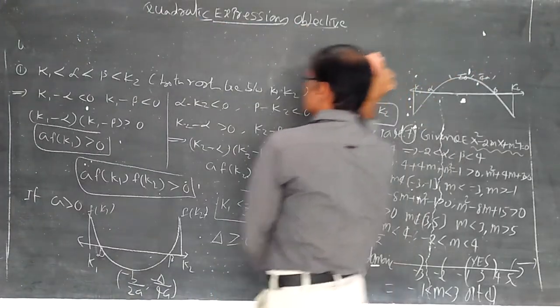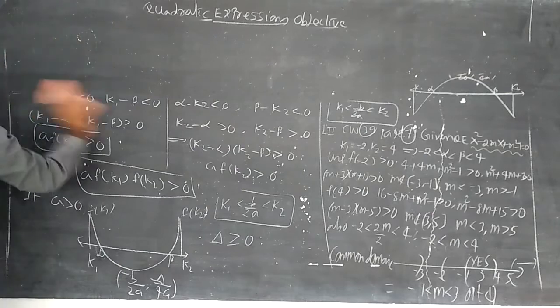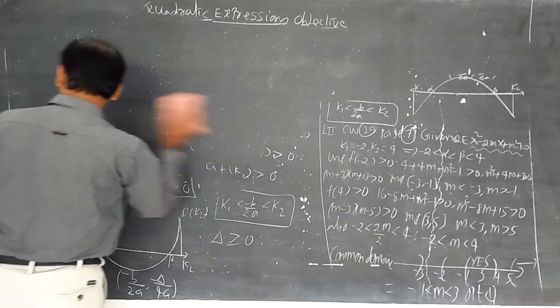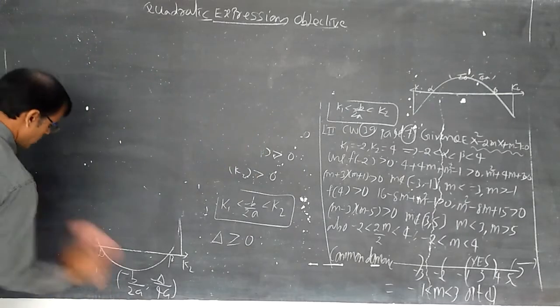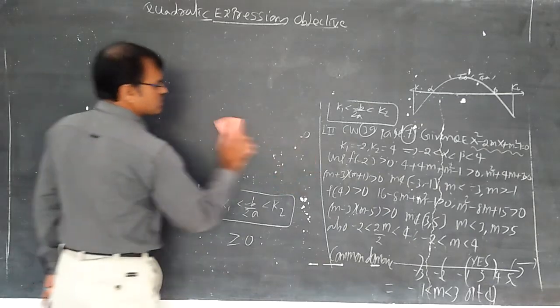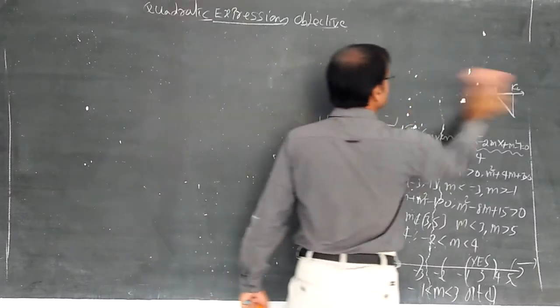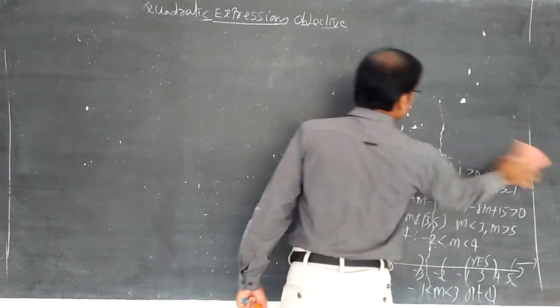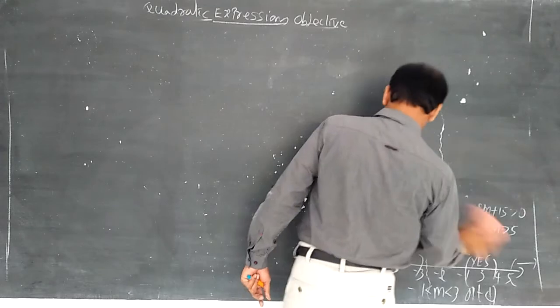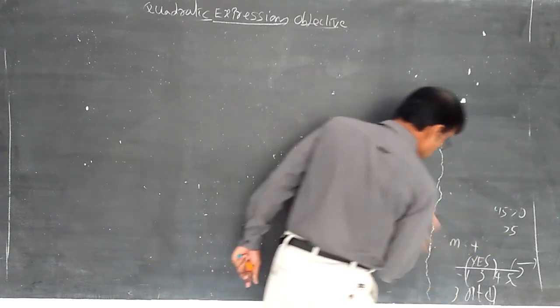We are discussing the location of roots for two real numbers k1 and k2, for the quadratic equation ax square plus bx plus c equal to 0.